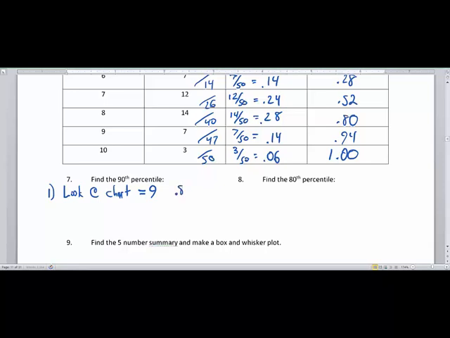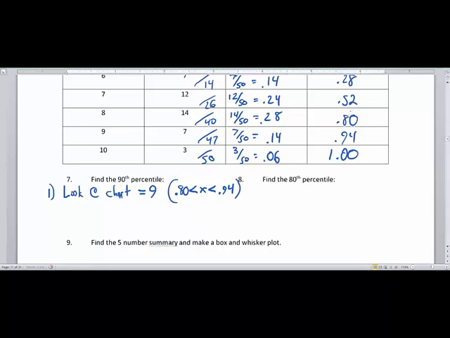Now here's another cool way to look at this. If I'm trying to find my 90th percentile, you can see that it is between the 80th and the 94th percentile here. That's how I'm getting to my answer of 9 instead of 8.